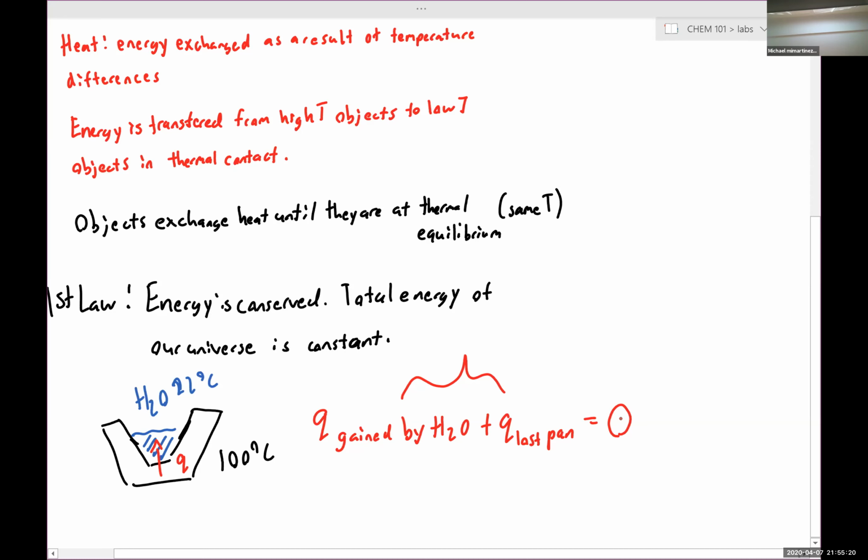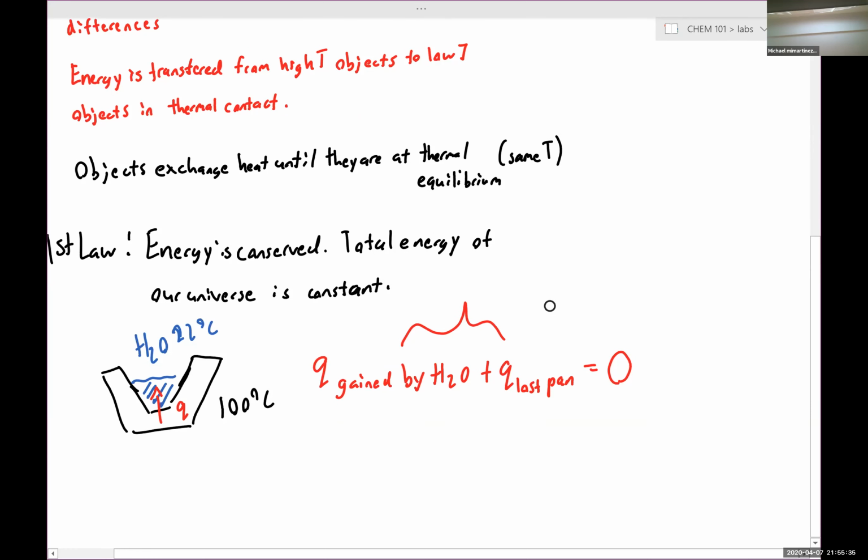So energy is conserved. We have not produced or consumed energy in this transfer process. We've just moved energy from our hot pan to our cold water. Now, as a consequence of this relationship, we can rewrite this expression to say any heat gained by our water must be equal to -1 times the heat lost by our pan.